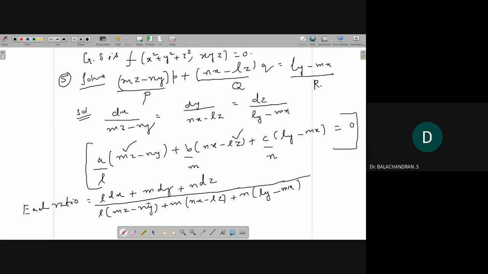Okay, now you can see that the denominator is 0 and each ratio is equal to L dx plus m dy plus n dz divided by 0. From this, the numerator is 0. So this implies L dx plus m dy plus n dz equal to 0.